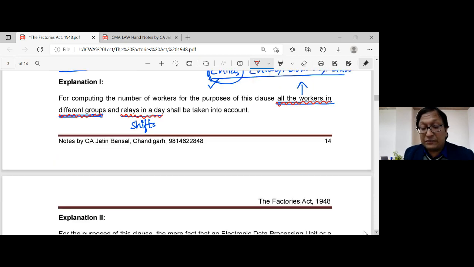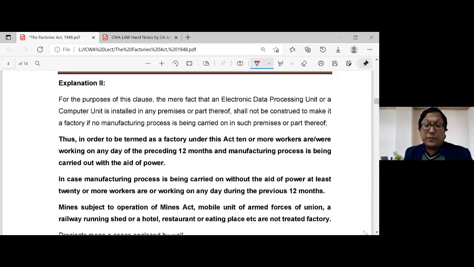Then, for the purposes of this clause, the mere fact that an electronic data processing unit, like computers used basically to process data, is installed in any premises or part thereof shall not be construed to make it a factory if no manufacturing process is being carried on.